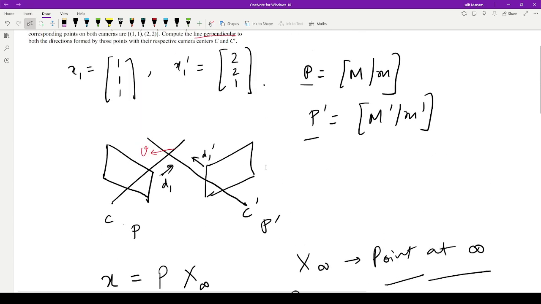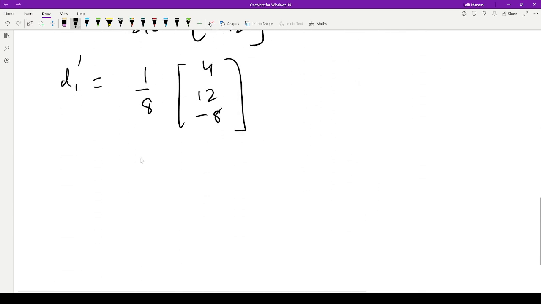We are given two directions in 3D space. So to get the perpendicular direction to both of those directions, we take the cross product. So what does it mean here? V is d1 cross d1 prime.